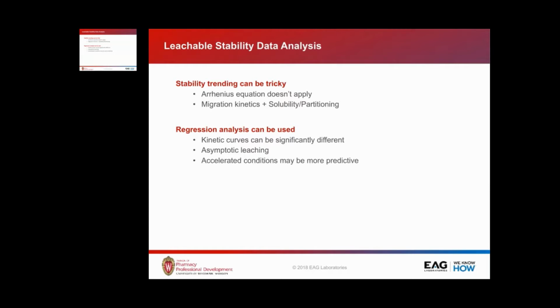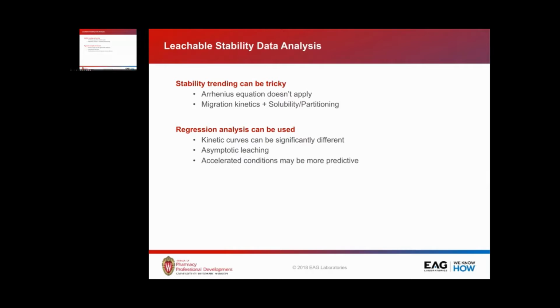There's an affinity between the leachable and the bottle, and an affinity between the leachable and your solution. And that varies with temperature. You increase the temperature, the solubility profiles for both will probably go up, but probably not at the same rate. So you can actually have a case where at increased temperatures you have lower leachables, because they have a greater affinity for the bottle than the solution, compared to room temperature.